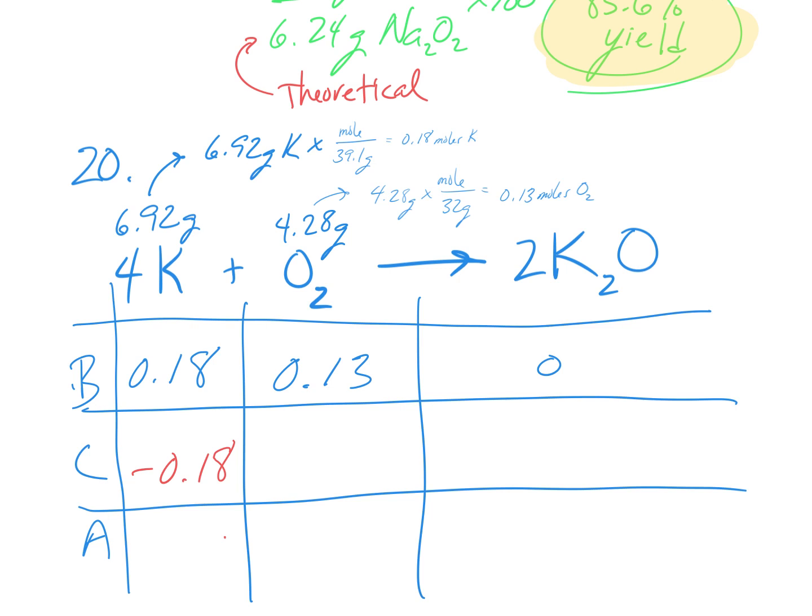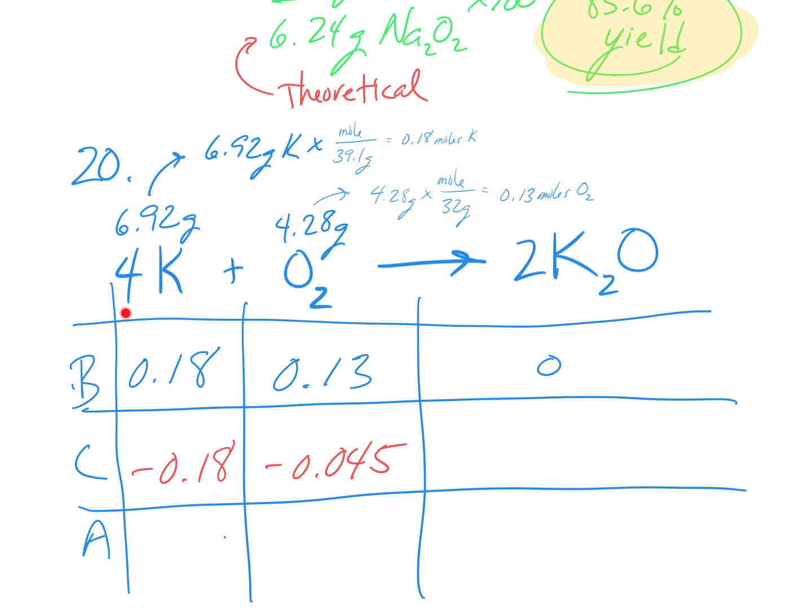Okay, and if I use 0.18 of the potassium, 0.18 divided by 4 equals, I'm going to use 0.045 of the oxygen, okay? Again, if you're having trouble seeing this, right?